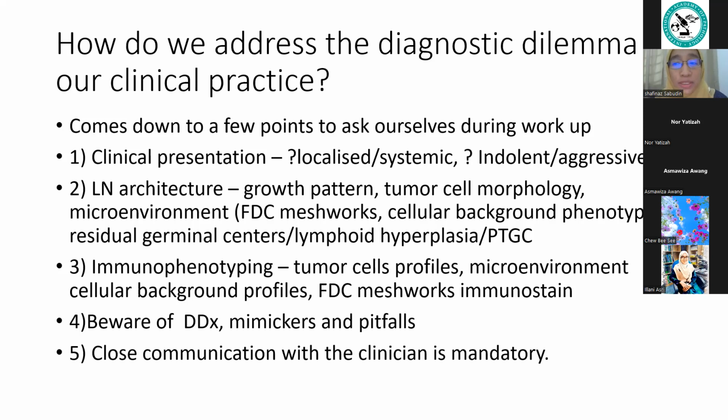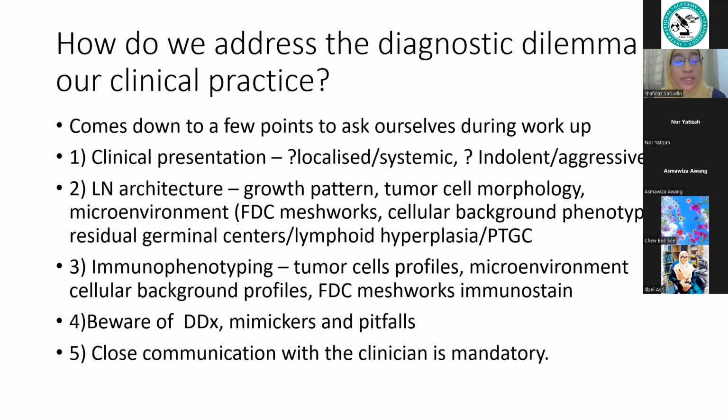Then we look at the nodal architecture. What is the growth pattern? What is the tumor cell morphology? What is the microenvironment made up of? The presence of follicular dendritic cell meshwork, the phenotype of the cellular background, whether there is presence of PTGC, residual germinal centers or lymphoid hyperplasia.